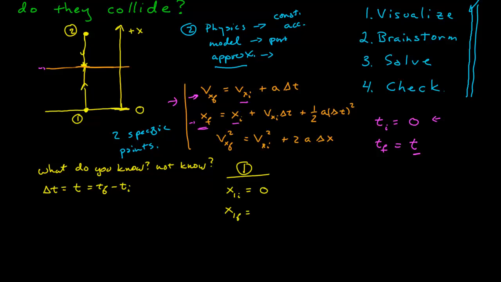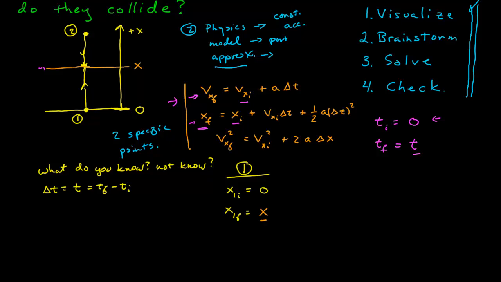I'm going to just call that x, because that's an important parameter. That's what I'm looking to solve for. It's going to be some value of x. I don't know exactly what it is. Again, this is not an independent variable. It's the final position in x that I'm trying to solve for.